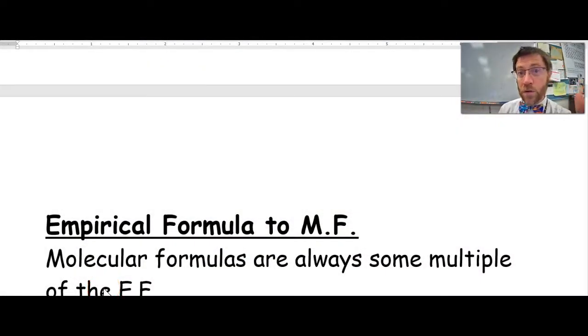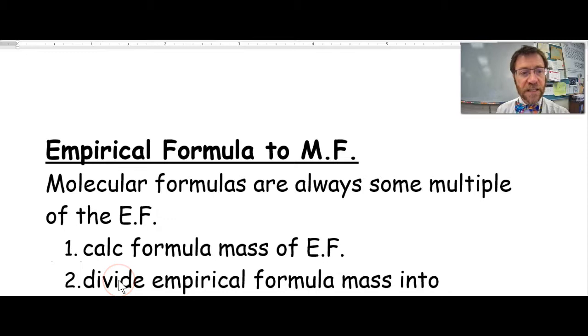All right, so what we're doing today is this. We are going to go from empirical formula to molecular formula. Now, you might need a quick review of what empirical formula is. The empirical formula is the lowest ratio of the elements in a compound. For example, let's just do glucose, C6H12O6.